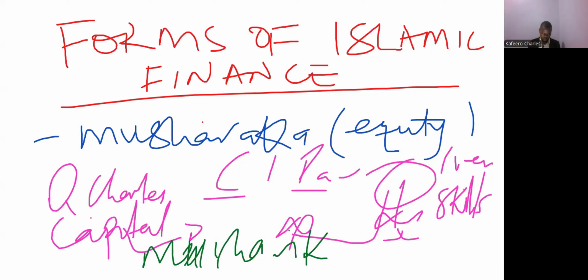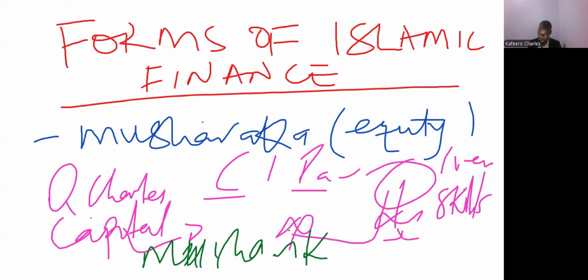Now, we want to look at the situation. How are they going to be sharing the profits or losses, whatever they have achieved at the end of the period? So profits are going to be shared in a pre-decided ratio, and losses are shared in the capital ratios. In other words, you look at the ratio.